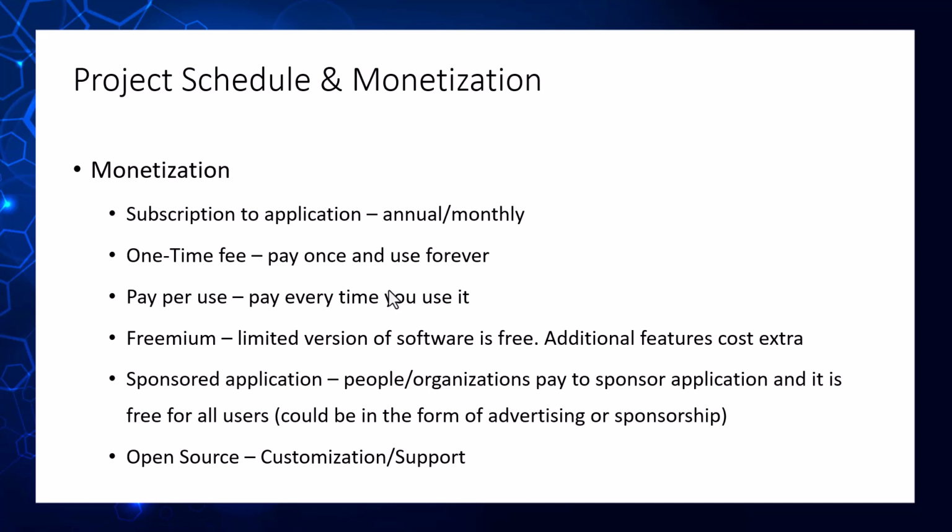Another one is open source, where you're giving not only the software away, but giving the code behind the software, so that way individuals or organizations can improve upon it and push changes through. A lot of times when you have companies that are doing this open source model, they're charging customers for certain customizations, like, hey, you can go and make this customization yourself, or you can pay us to do it.